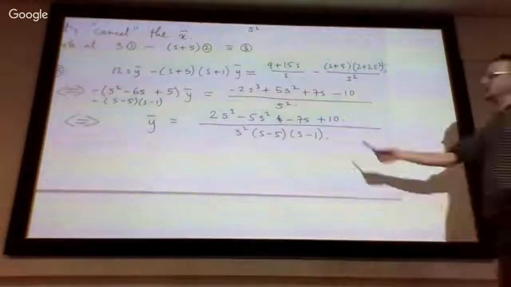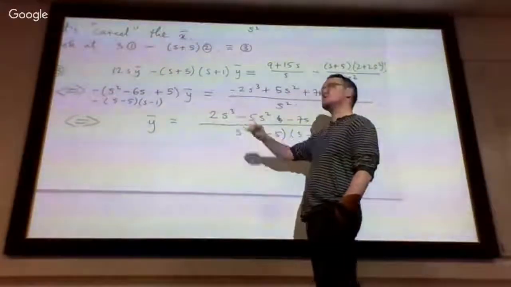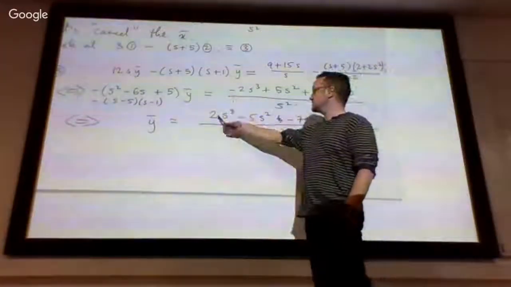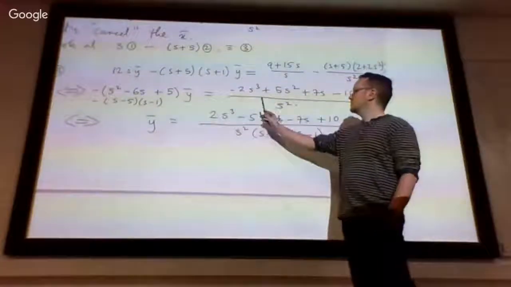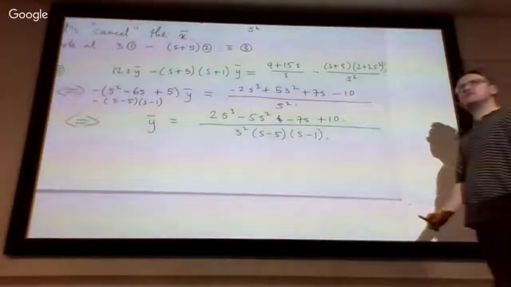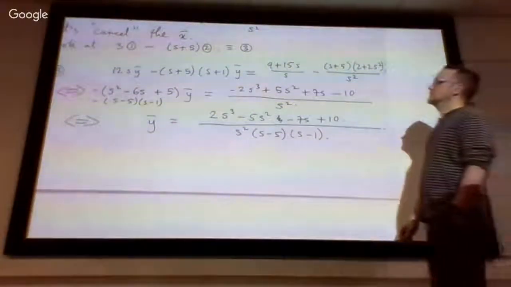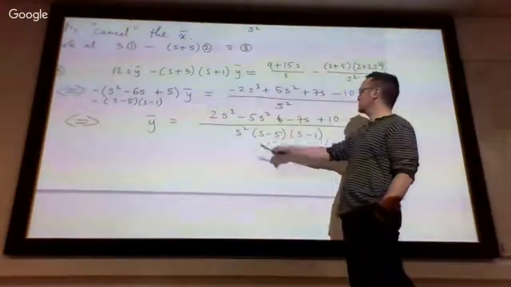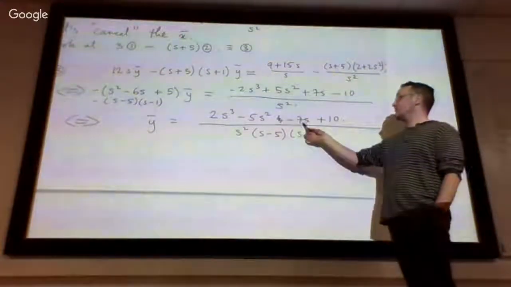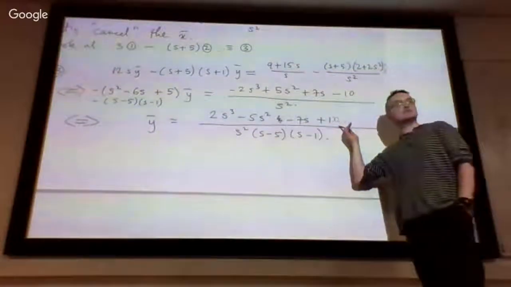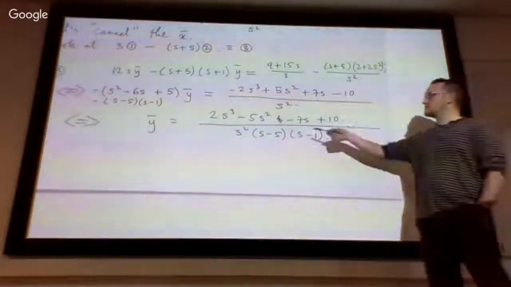I don't think it is because 5 cubed is 125, so you get 250 minus 5 times 25, 125. So 250 minus 125 leaves you with 125. 125 minus 35 plus 10. Well, that's still not 0. So 5 is not a root there.